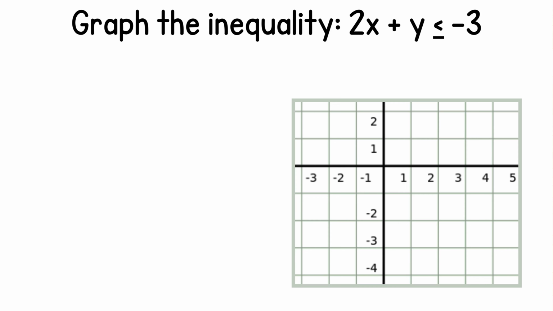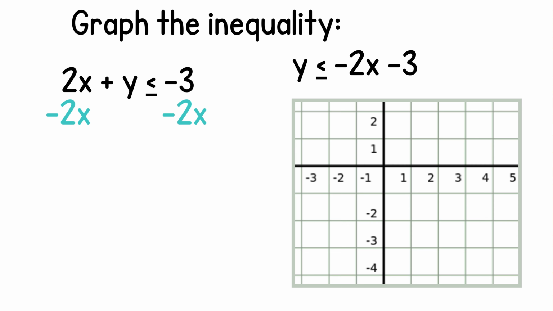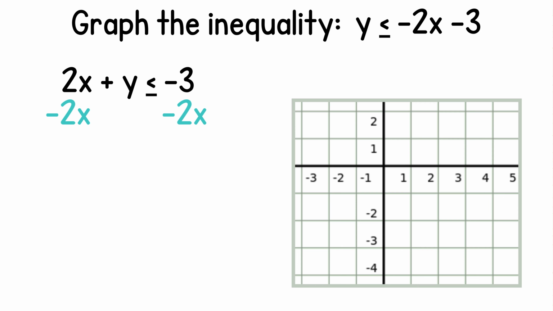Let's try another one. First, let's bring this inequality down so that we can get it in slope-intercept form. So we'll have to solve for y, and we'll start by subtracting 2x from each side. This will give us y is less than or equal to negative 2x minus 3. We'll put this up here for now so we can finish our steps.